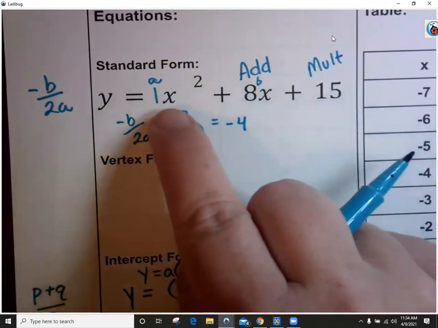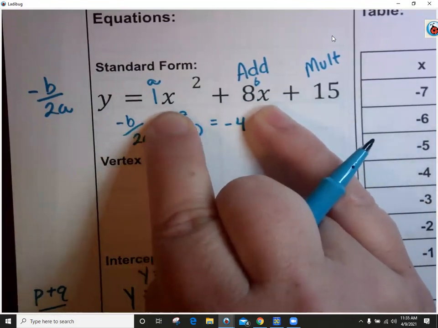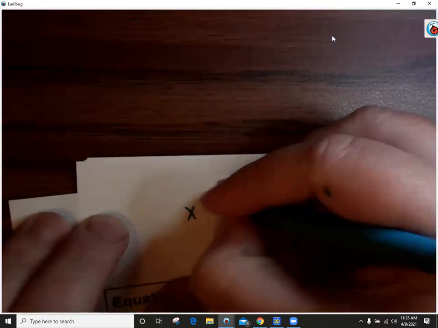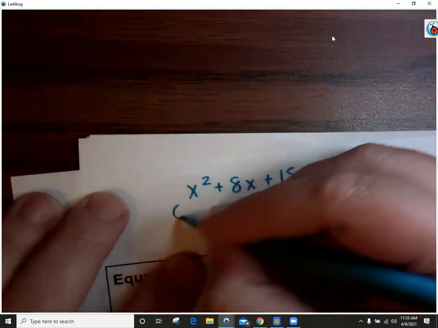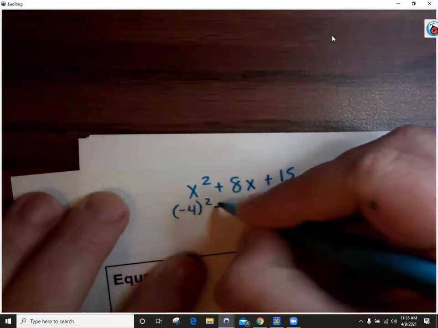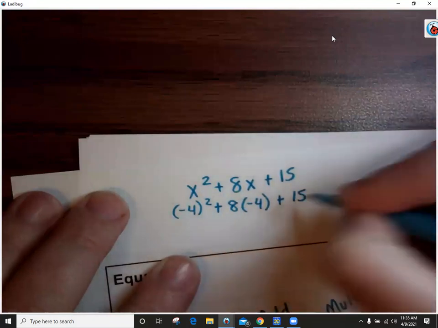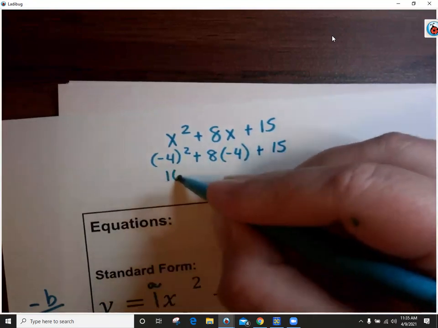And then we have to plug that back in for x to get the y value of the vertex. So the equation looks like this, and we're plugging in -4 for x to find the y value of the vertex. This would be 16.